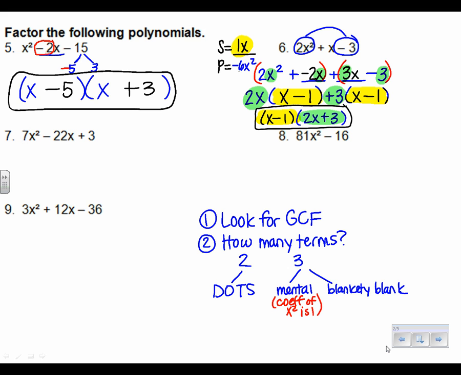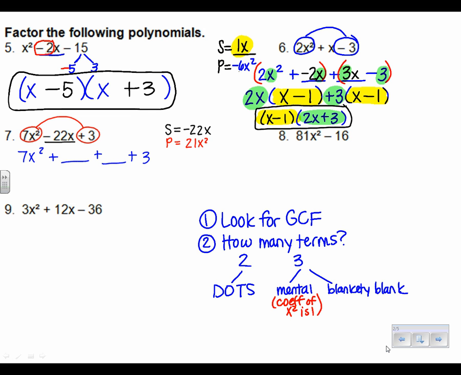So I write my first term, 7x squared plus blank, and my last term. If it helps you, off to the side, you can write your sum, which comes from the middle term, negative 22x, and your product, which comes from multiplying the first term times the last term. 7x squared times 3 is 21x squared.